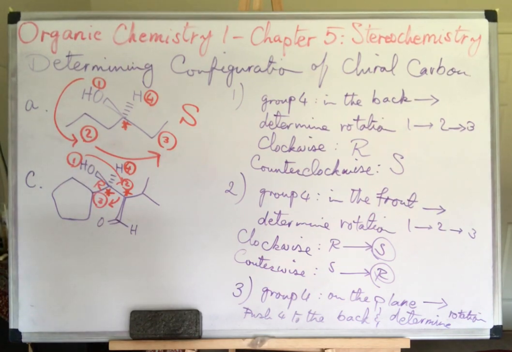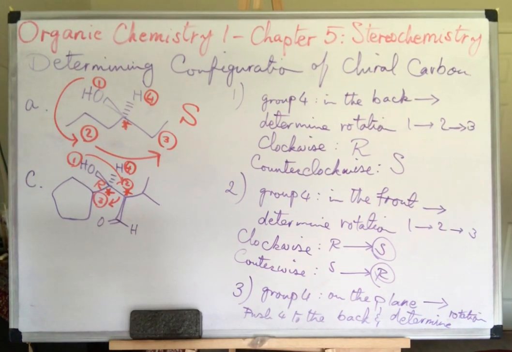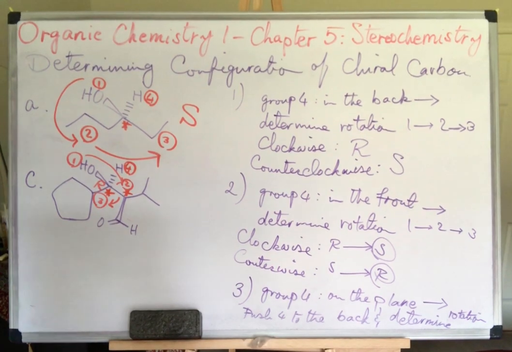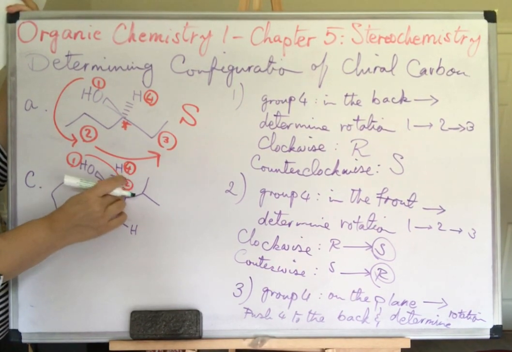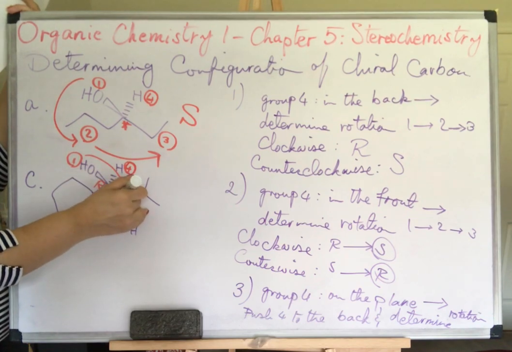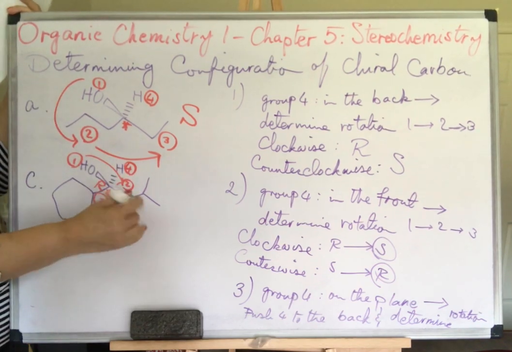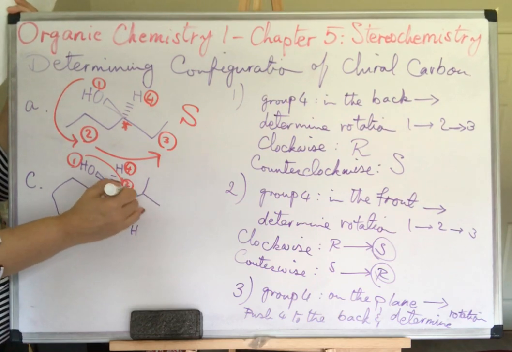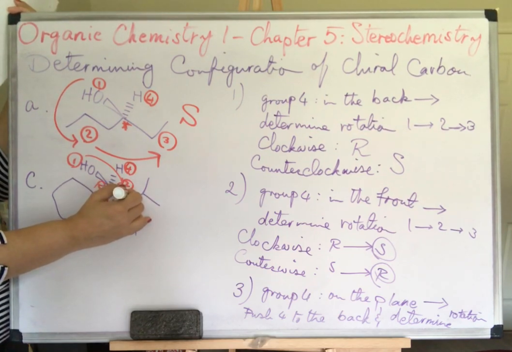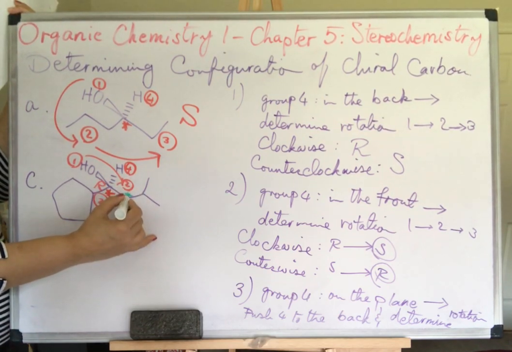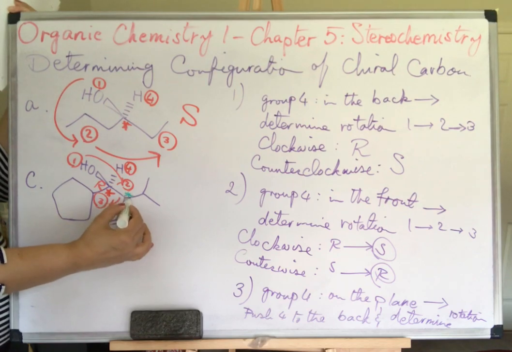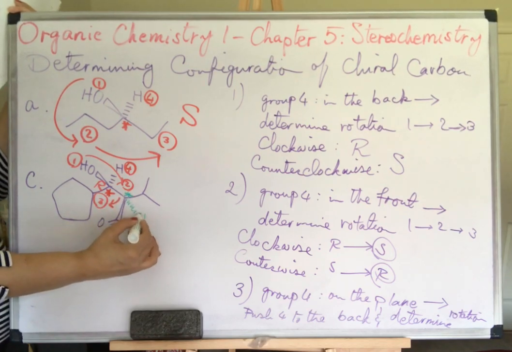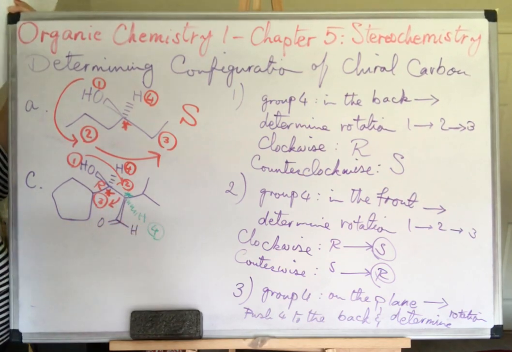I'll show the other carbon with a different color. The second carbon, this one. This carbon is missing a bond, right? You have one on the wedge, you have two on the plane, so hydrogen will be on dash. And hydrogen is group number 4.